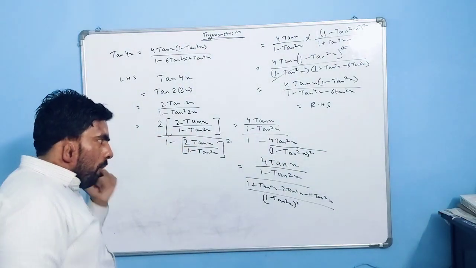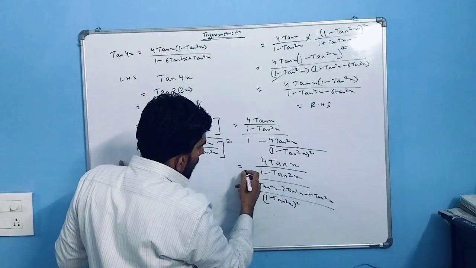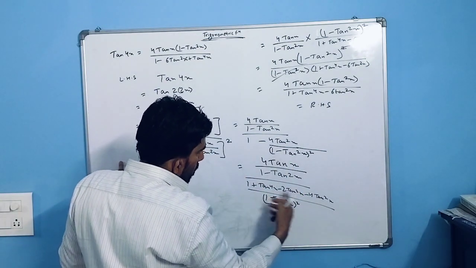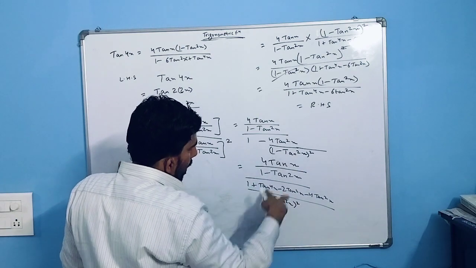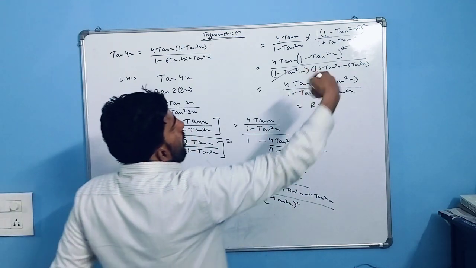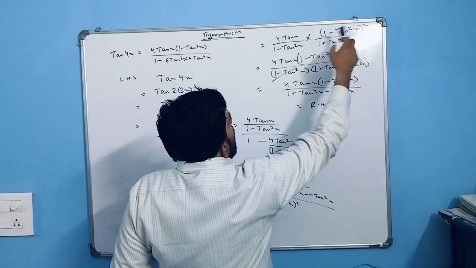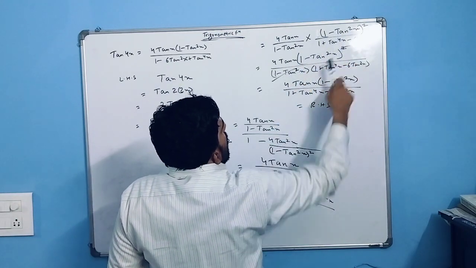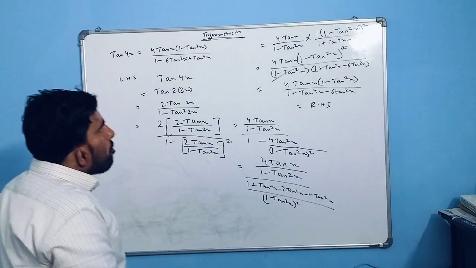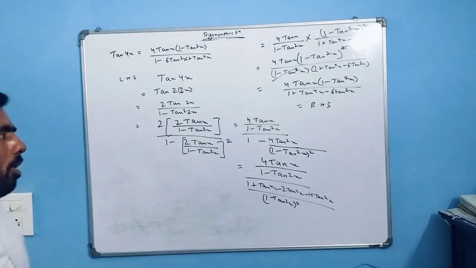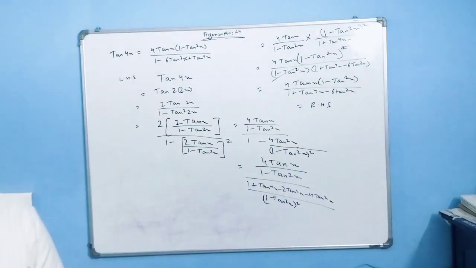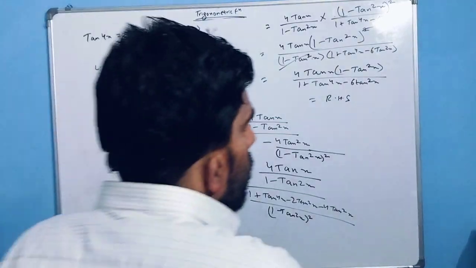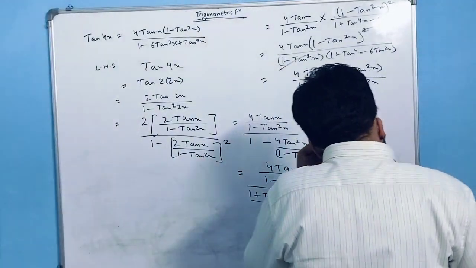After taking the LCM and opening the bracket, a minus b whole square, a square plus b square minus 2ab, we'll sort it out. We keep this square, and after taking the upper side it will be reduced by 1. We are left with 1 plus tan to the power 4 x and 6 tan square x, which is required in the numerical. So now we'll try to solve the next numerical.